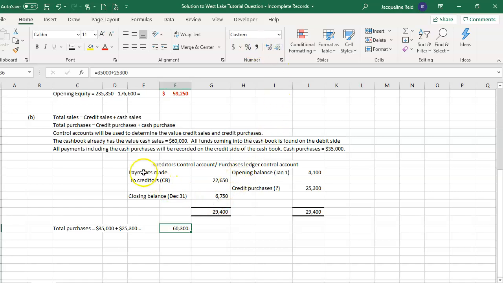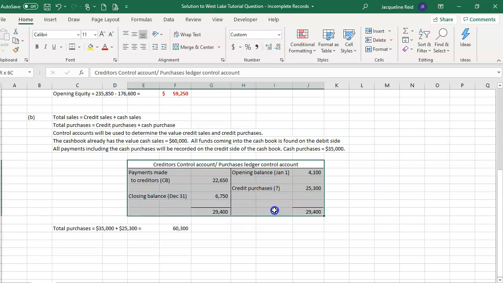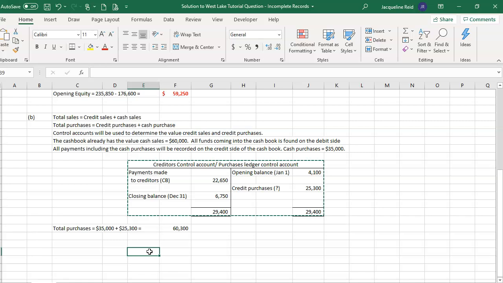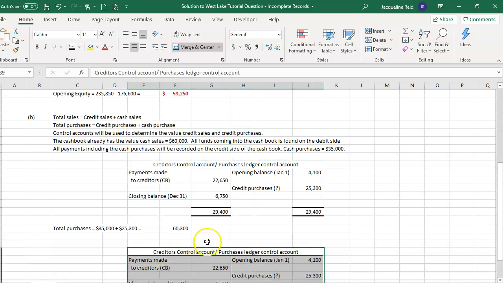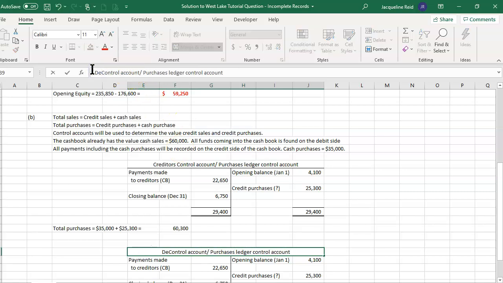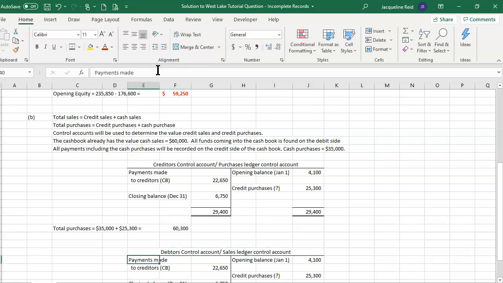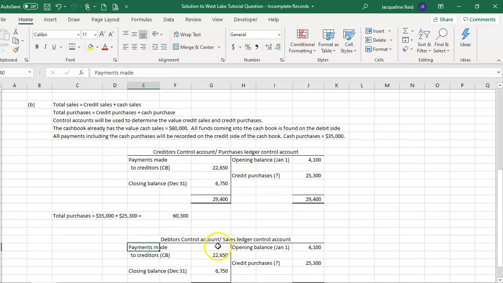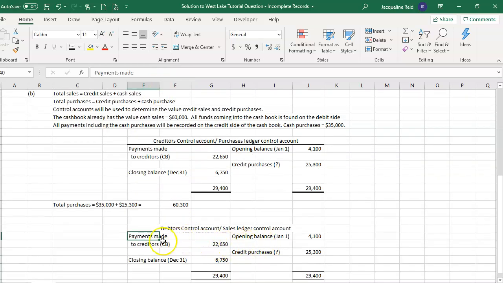Now let us construct a similar thing for our sales ledger control account. I'm just going to change the heading for the T account. So these accounts can be called debtors control account or sales ledger control account. Now their balances are on the other side.